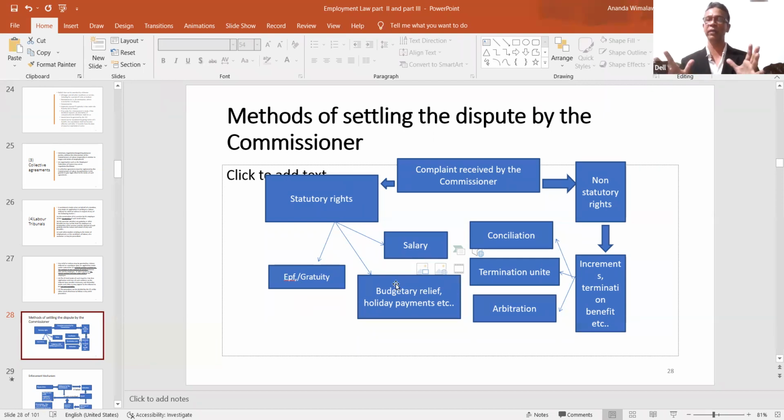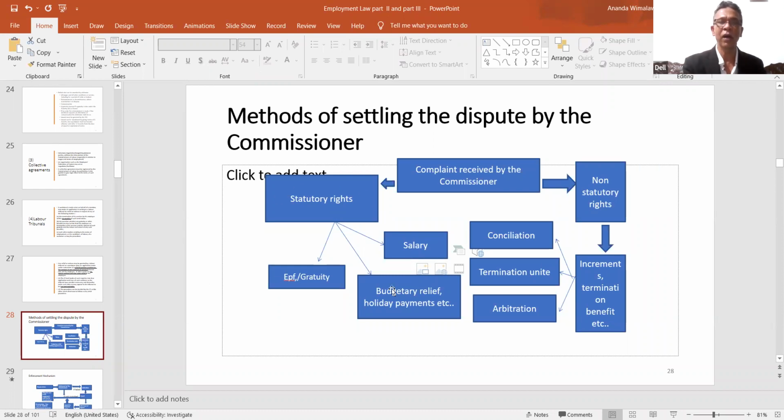Sometimes we may call it a statutory right-based dispute. Those are actually not disputes. All these disputes relating to statutory rights cannot be investigated, cannot be conciliated, cannot be referred for arbitration, cannot be referred to the LT, because those are not under the Industrial Dispute Act.